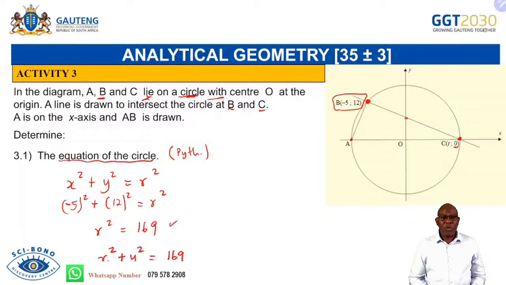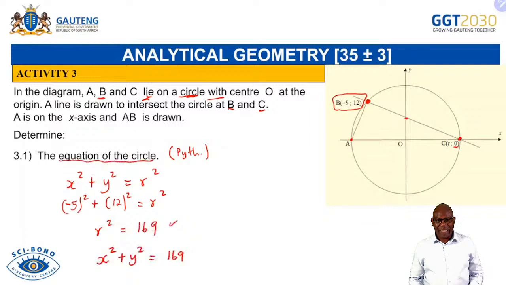Do not get the square root of 169. Because if you get the square root of 169, you are getting the radius, unless you are asked to get the radius. But in this case, it's the equation. So the r squared must remain because the equation is in this form. So x squared plus y squared equals 169 is the equation of the circle.